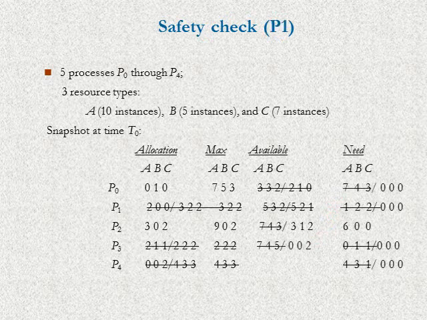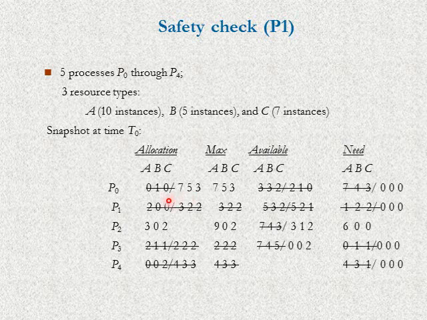Now these resources will be deducted from the available matrix as well as the need will become 0, and now they will be added to the allocation array for P0. Now as P0 has all the resources that it requires to complete its execution, we can assume that it can complete its execution without any further delay.